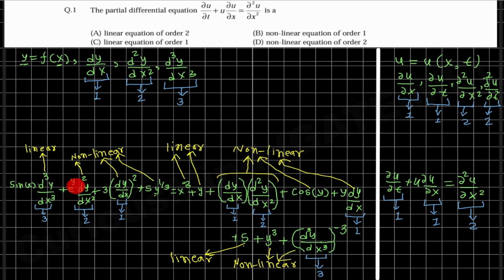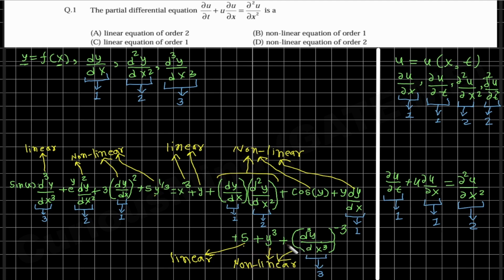We have highlighted which term is making this whole differential equation linear and which term is making this whole differential equation non-linear. And as we can see, the second term, third term, fourth term, third term after the equality, fourth term after the equality, fifth term after the equality, and the last two terms are making this whole differential equation non-linear.